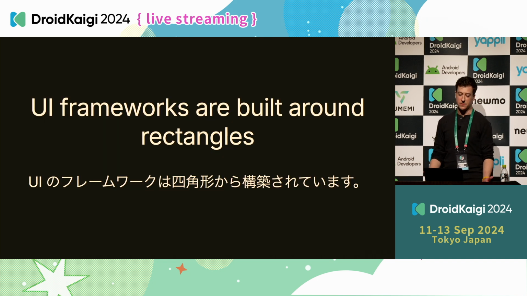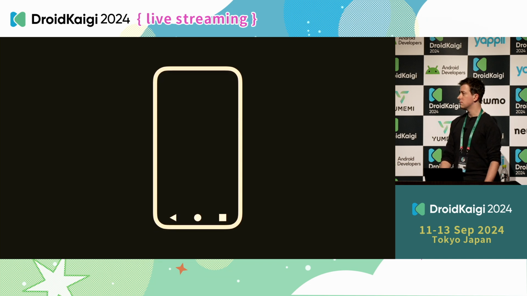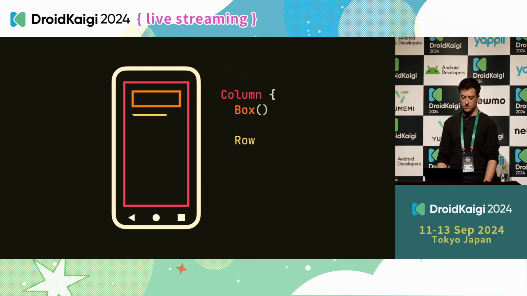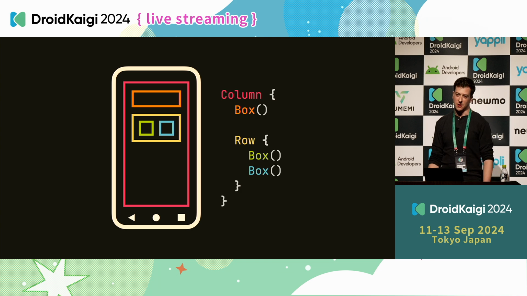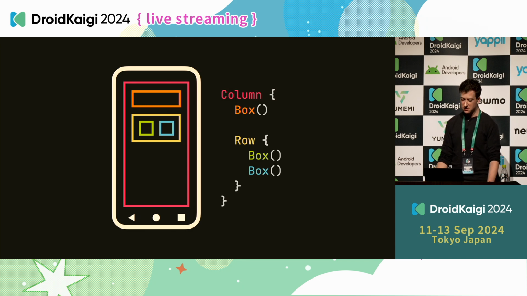UI frameworks are built around rectangles, at least all the ones that I can think of. A lot of this starts with the device's screen. It itself is a rectangle. Our job as developers is often to come up with new and creative ways to arrange and nest rectangles.